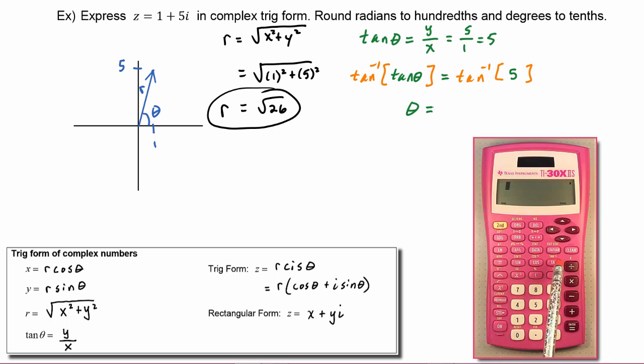Now we do second tangent inverse of 5, and rounding to the hundredths place, we see that theta would be 1.37, or if we're in degrees, we put our calculator into degree mode, so go back to the DRG button, cursor under degrees, and hit enter. We've got tangent inverse of 5. And rounding to the tenths place, we get 78.7 degrees.